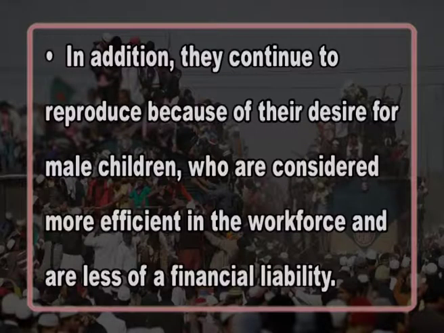This urbanization causes more growth, especially since the urban poor contribute the most to a growing population because they contribute the most to the labor force. In addition, they continue to reproduce because of the desire for male children, who are considered more efficient in the workforce and are less of a financial liability.